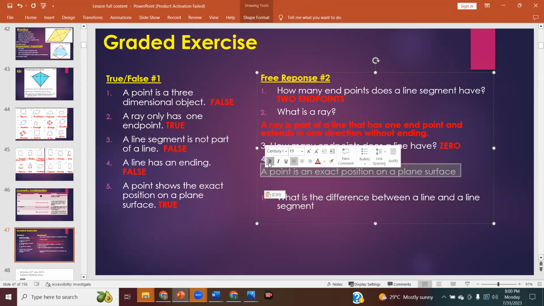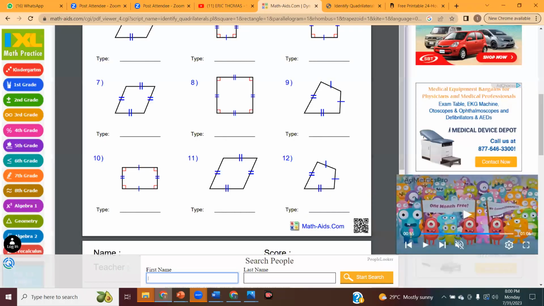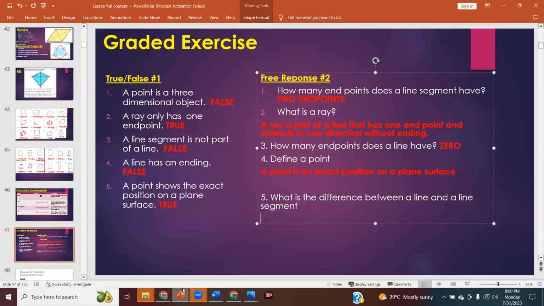Next question, number 5. This is the last free response question. The next question is for Rashard, not Zarence, I'm sorry. What is the difference between a line and a line segment?